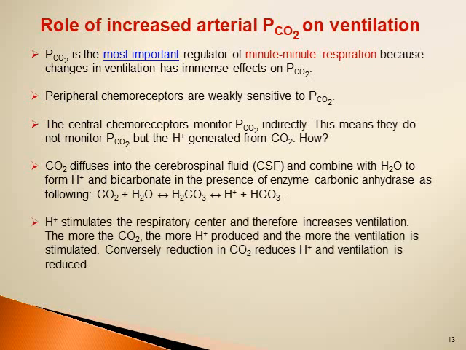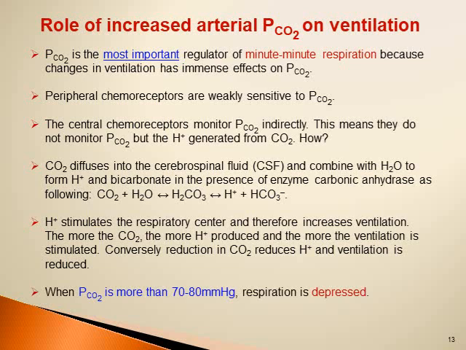The hydrogen formed from this equation stimulates the respiratory center and therefore increases ventilation. The more the carbon dioxide, the more hydrogen is produced and the more the ventilation is stimulated. Conversely, a reduction in carbon dioxide will cause a reduction in hydrogen and ventilation will be reduced.